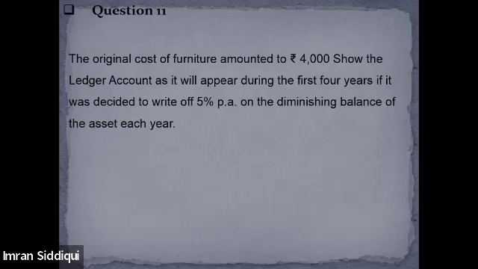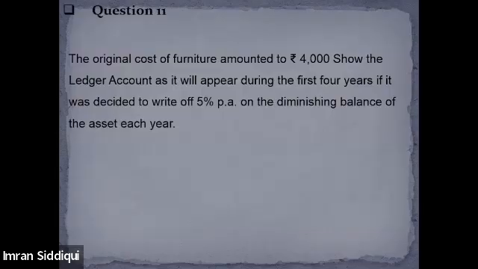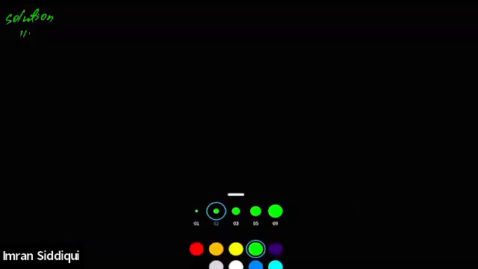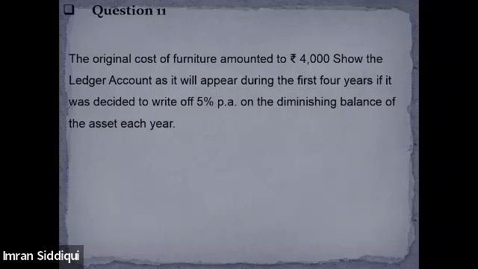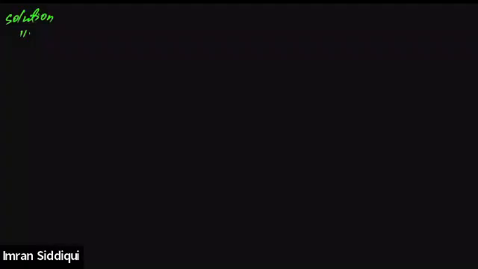But anyway, let me solve this question for you and I'll give you some other questions to try. So, solution to question number 11. The question requires us to prepare the ledger for the furniture, so the furniture account will have to be prepared.